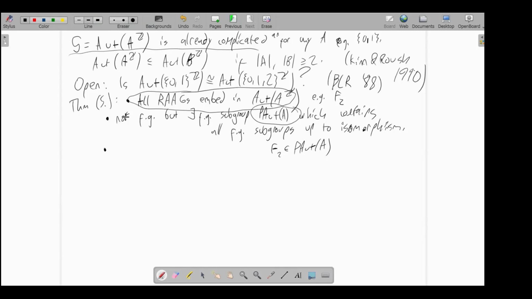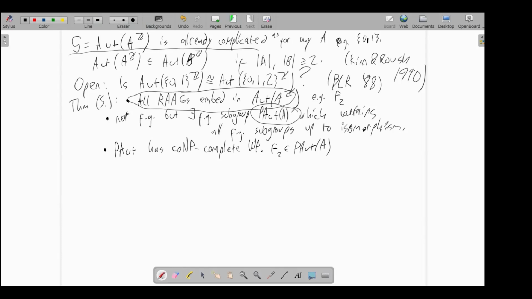And so I could talk for hours about this group. Now I wanted to just give you a few hints. And also I wanted to mention, because I'm going to talk a little about these complexity theoretic notions, that this has co-NP complete word problem.